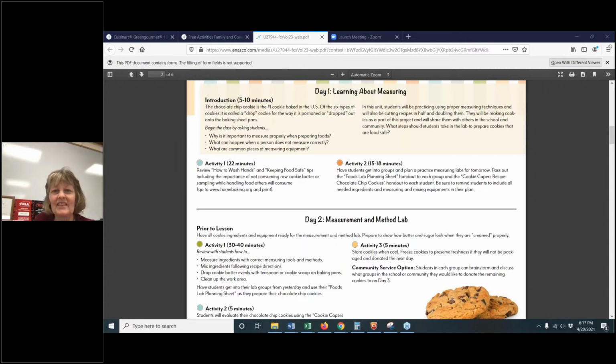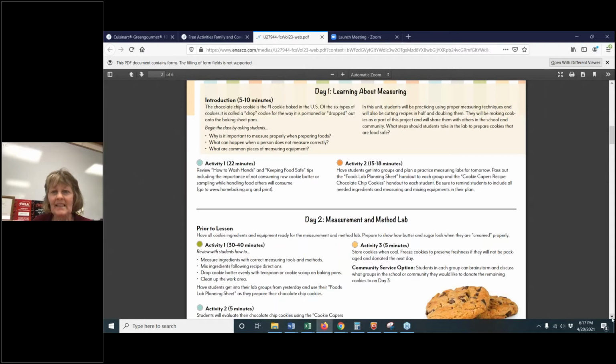Students use their lab planning sheet as they do the lab. Once the cookies are completed, there's a Cookie Capers scorecard that they can use to evaluate the cookies. That scorecard can be used for any of the types of cookies, whether they're shaped, drop cookies, bar cookies, what have you. So that can be used in other ways.